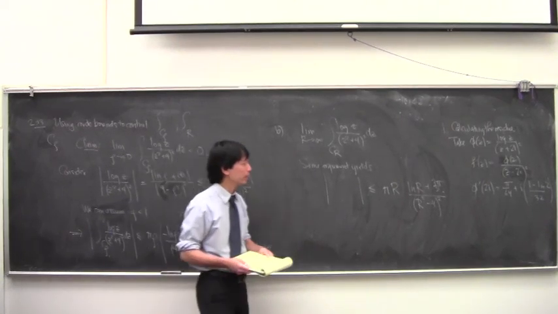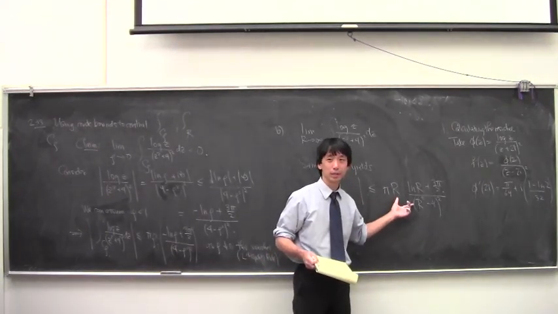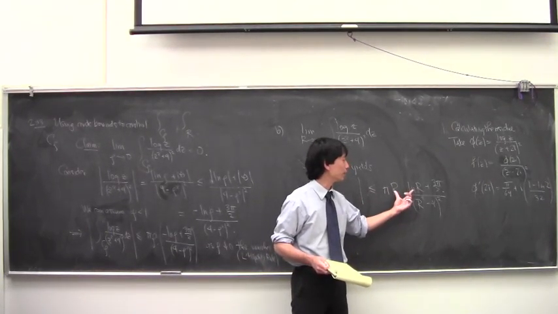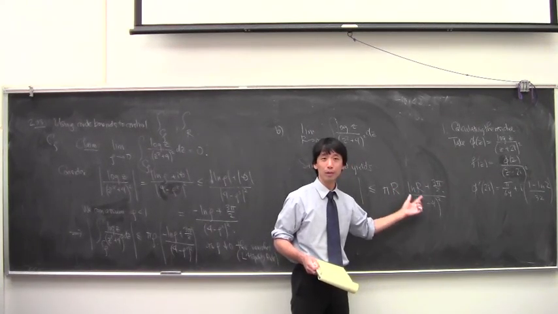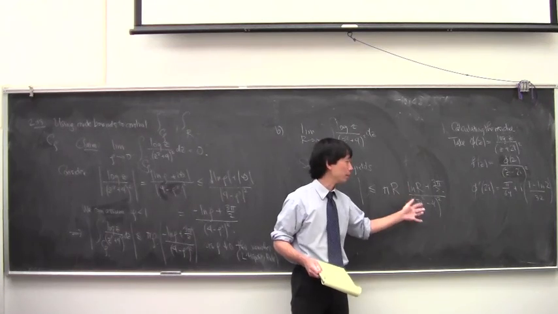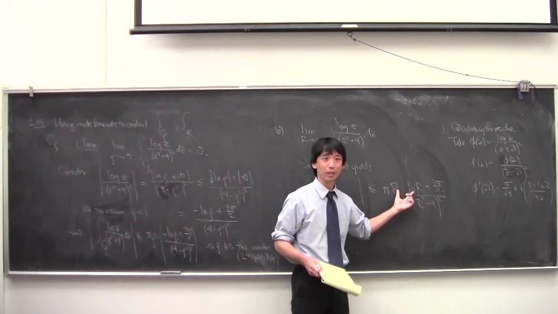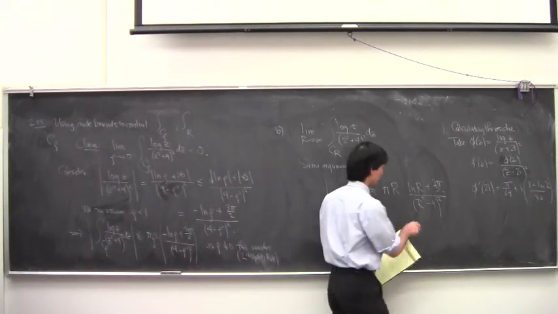And what happens to that as r goes to infinity? You can see it. You've got r natural log r on the top, and you've got r to the fourth on the bottom. R to the fourth beats r natural log r, and so that goes to 0.